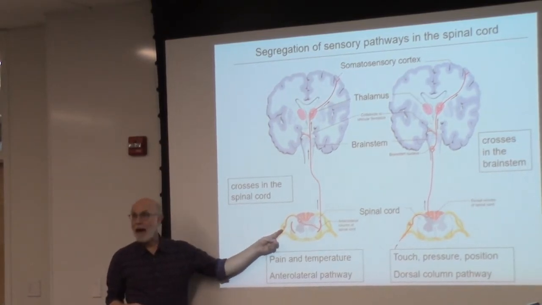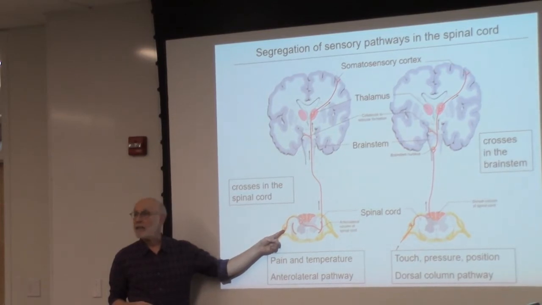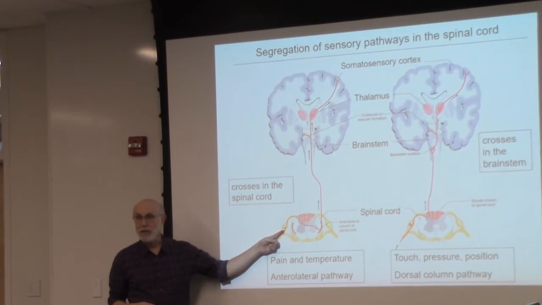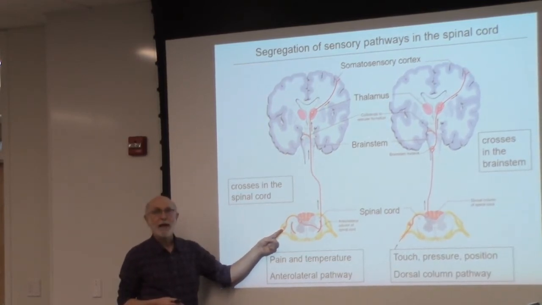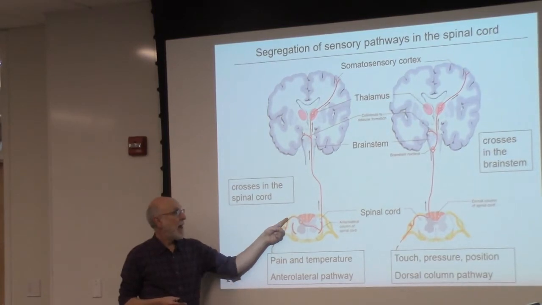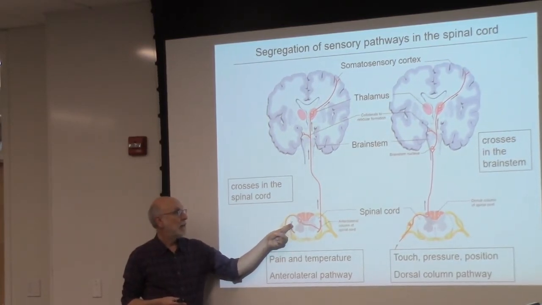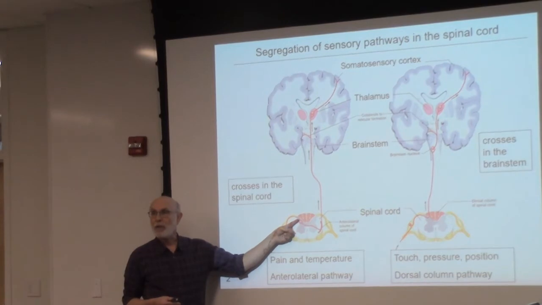All of these nerves have their cell bodies in the dorsal root ganglion. So that's a label that you should put on your handout, because that's a name to know, dorsal root ganglion. And the axons of those cells enter the spinal cord at the dorsal horn.